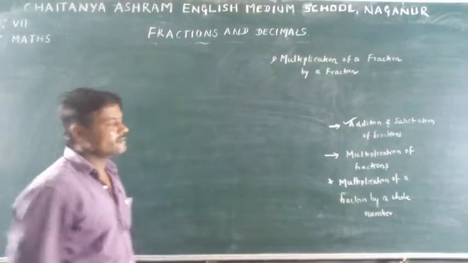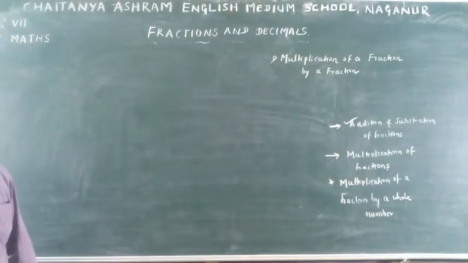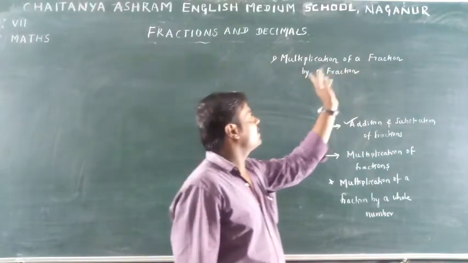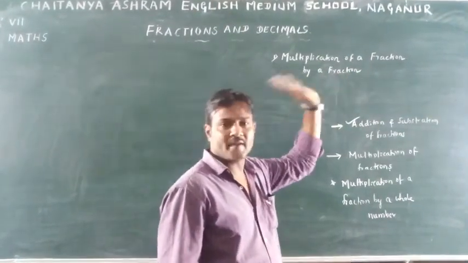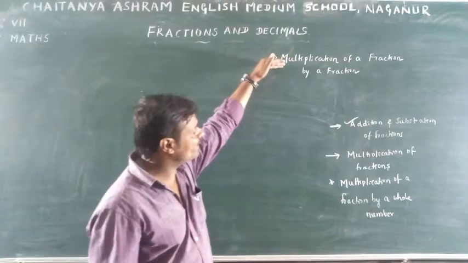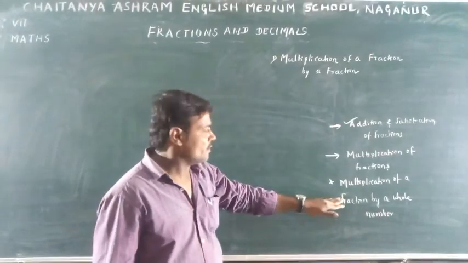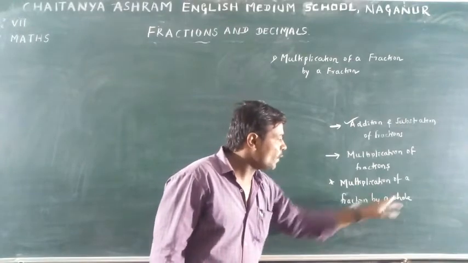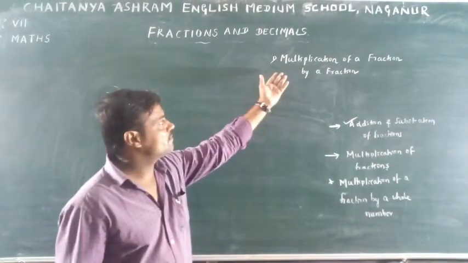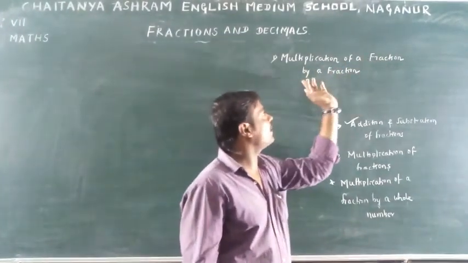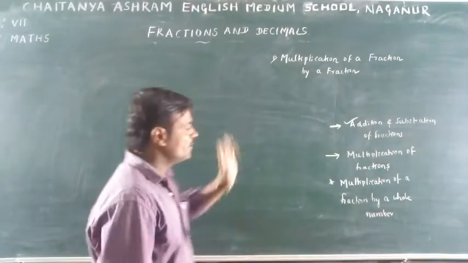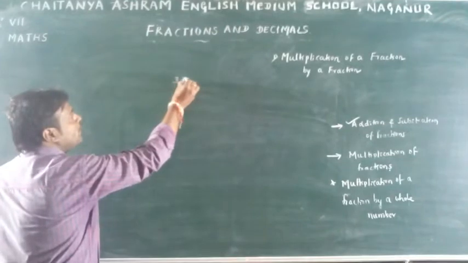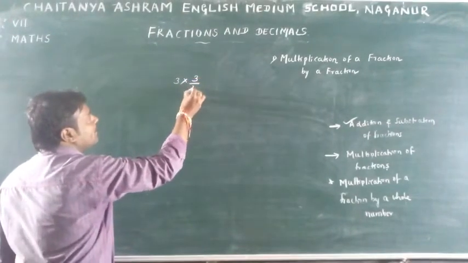So another case of multiplication of fractions, that is multiplication of a fraction by another fraction. What is the difference between these two cases? This is multiplication of a fraction by a whole number, but here is multiplication of a fraction by a fraction. So this we studied, that is 3 into 3 by 4.